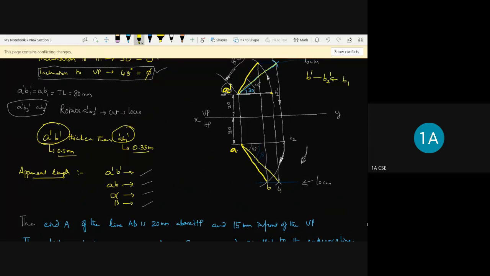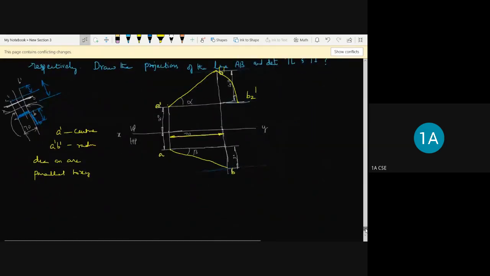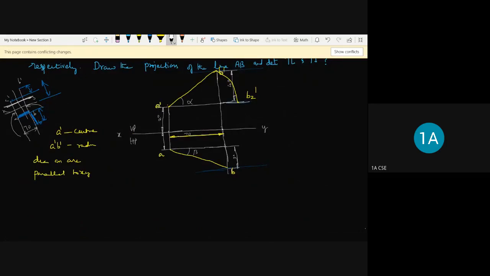So B dash to B2 dash, then B2 dash to B1. Similarly, from B2 dash, in order to get B1, we draw vertically downward, so that it cuts the locus, and this point gives B1.